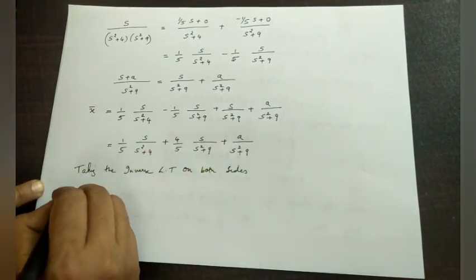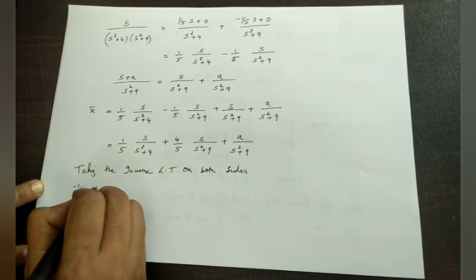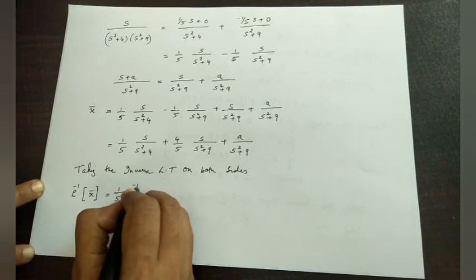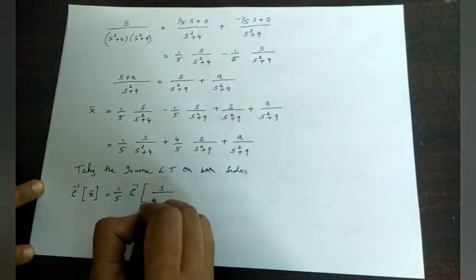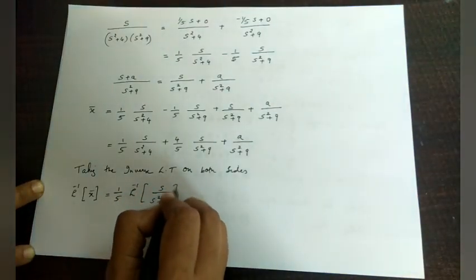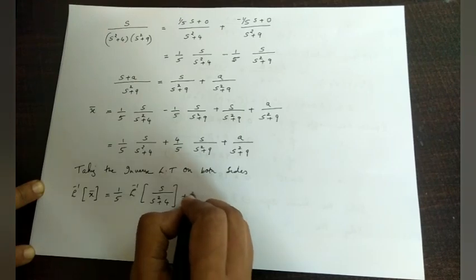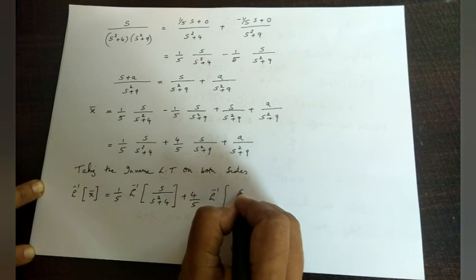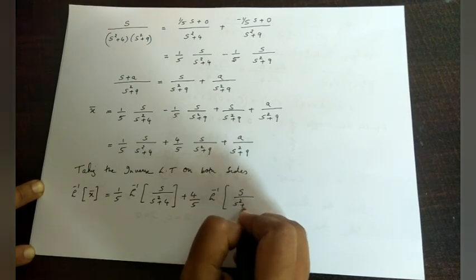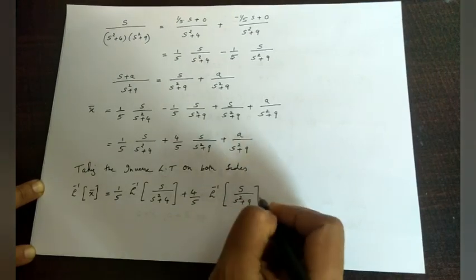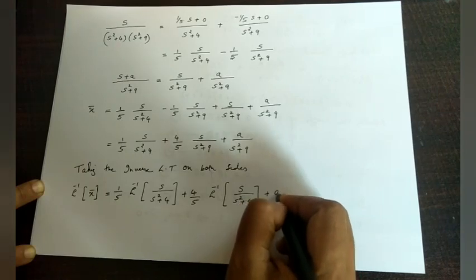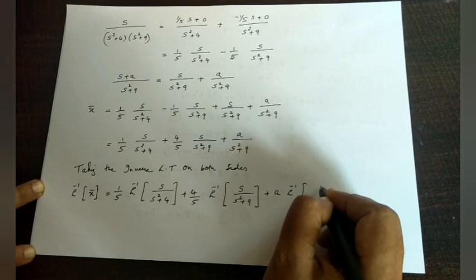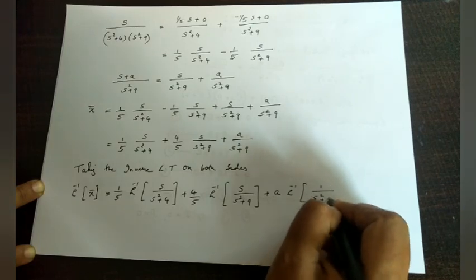That is Laplace inverse of x bar is equal to 1 by 5 Laplace inverse of s by s square plus 4, plus 4 by 5 Laplace inverse of s by s square plus 9, plus a is a constant, a into Laplace inverse of 1 by s square plus 9.